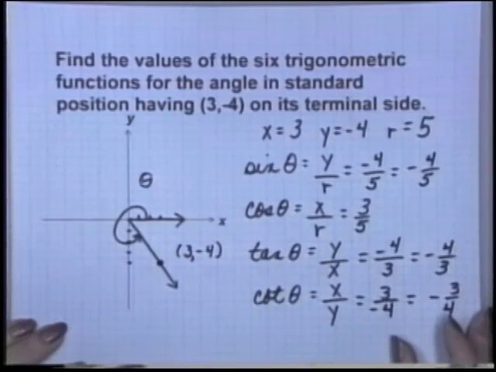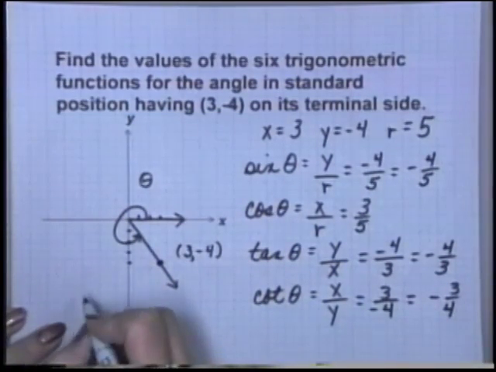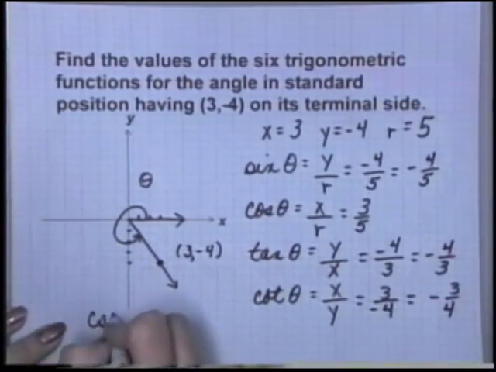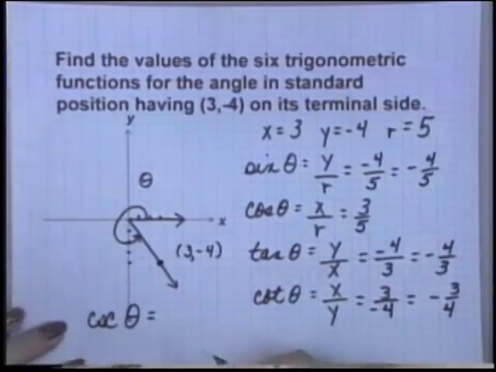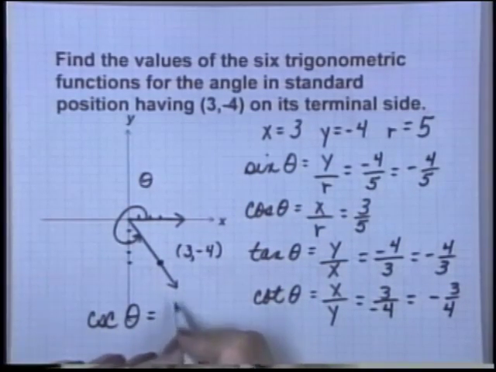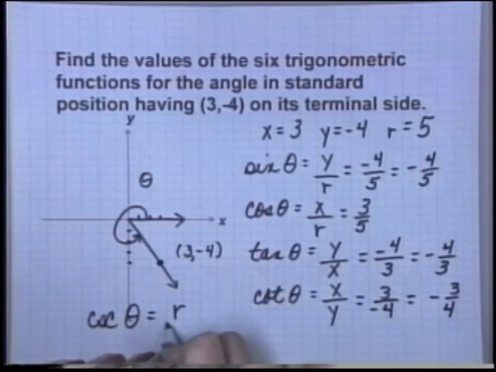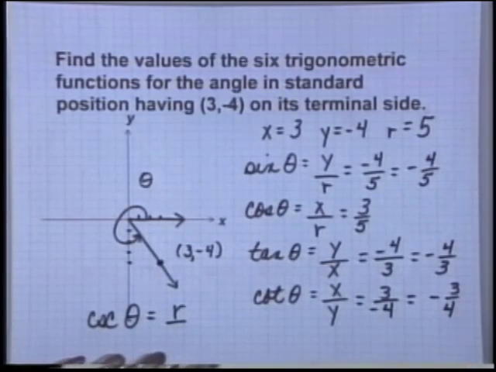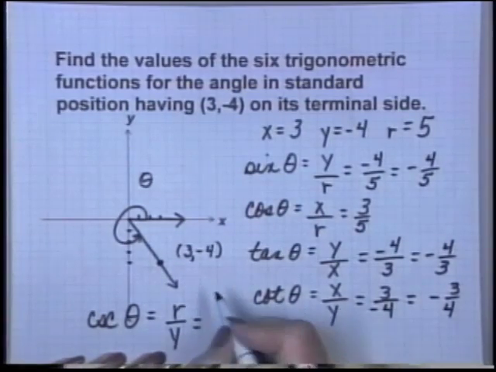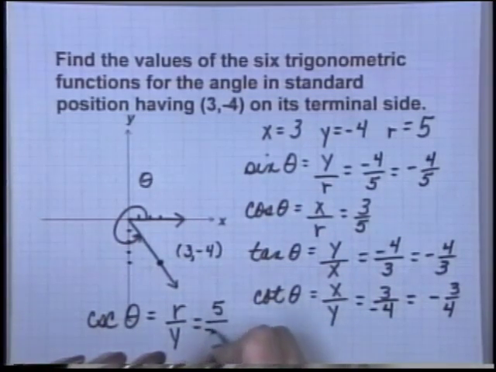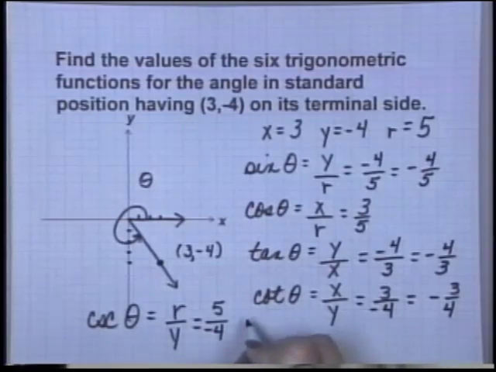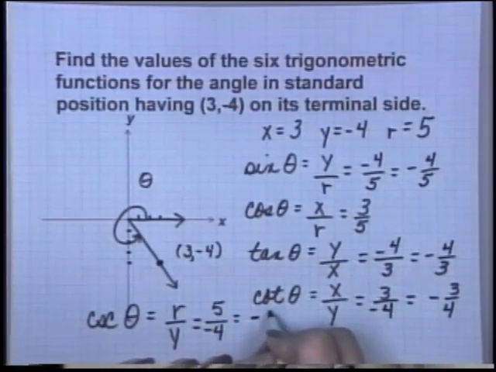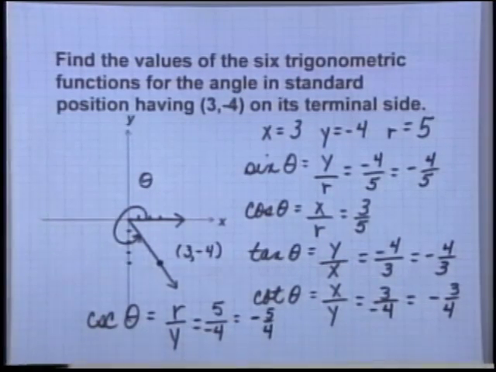And now let's figure out what the cosecant of theta is. The cosecant of theta is r divided by y, which would be 5 divided by -4, which we would write as -5/4.